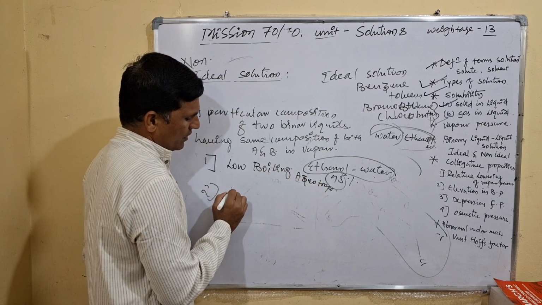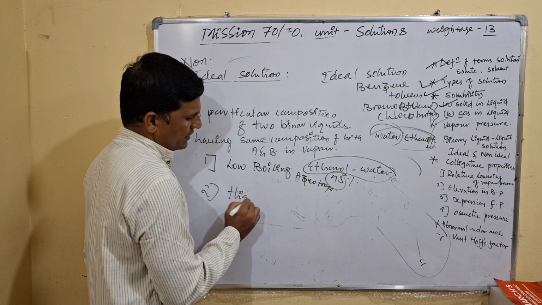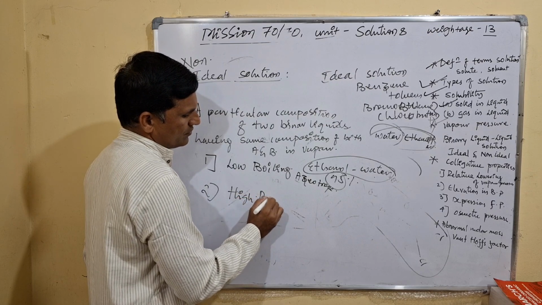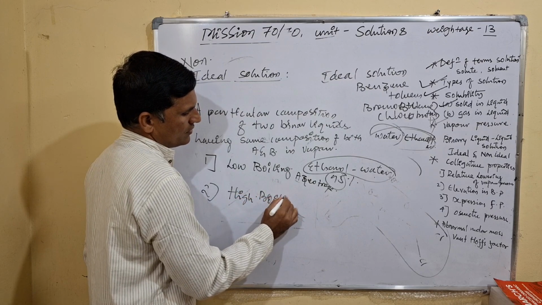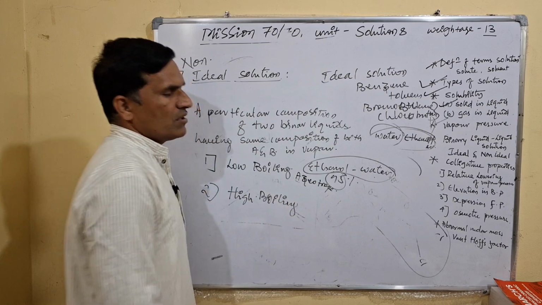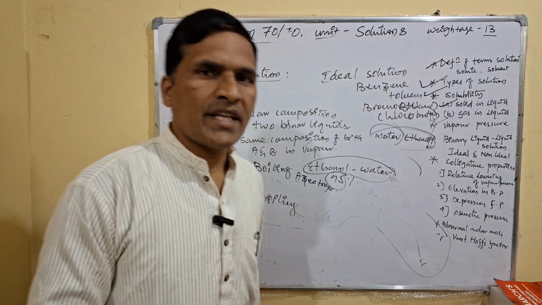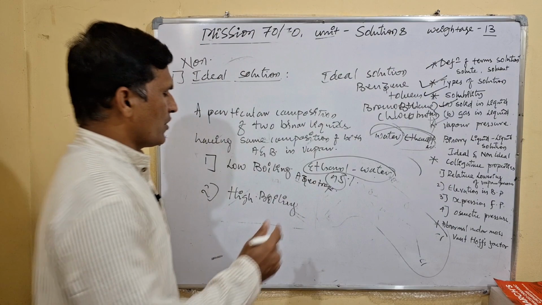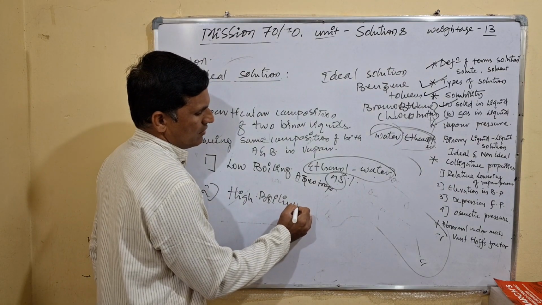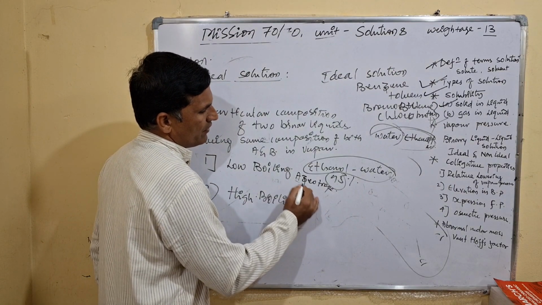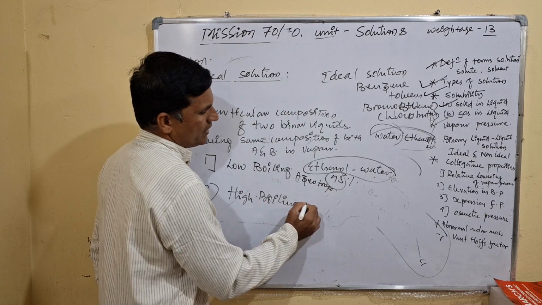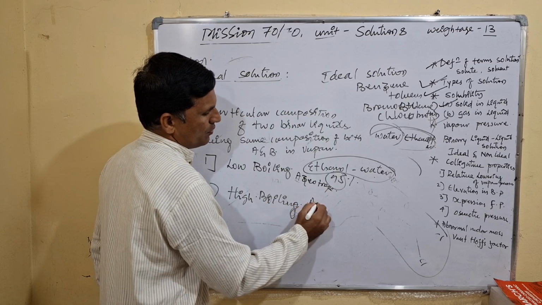Similarly, another one we call it as what? High boiling azeotrope. Usually, which shows negative deviation from Raoult's law. Such mixture will be having what? High boiling azeotrope.